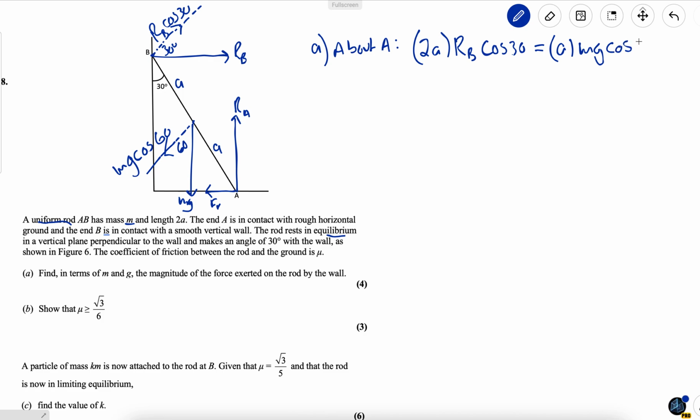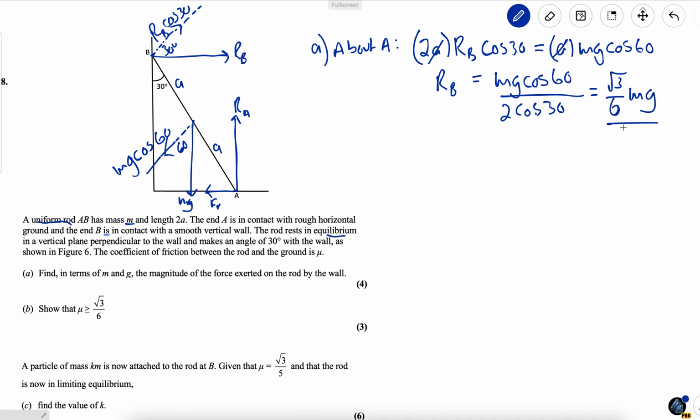So I can cancel out the a's because both sides are multiplied by a. RB, and I'm going to divide both sides by this, so mg cos 60 is divided by 2 cos 30. And when I put that into the calculator, I get root 3 over 6 mg as required.